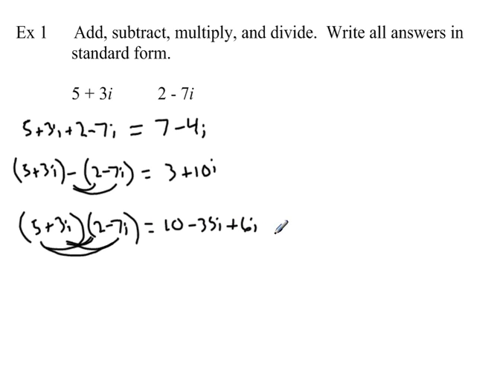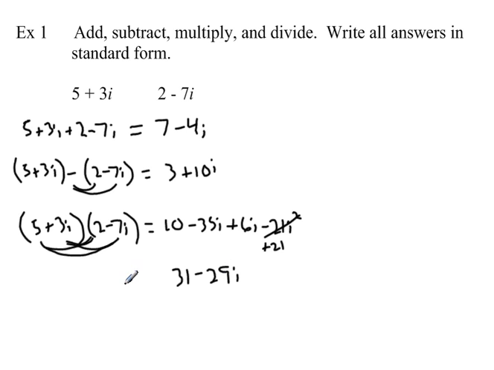And 3i times minus 7i is minus 21i squared. Keep in mind, i squared is -1, so this is like plus 21. Now we can combine some like terms. If we do that, we get 31 minus 29i. And just so you know, the directions said write answers in standard form. This is standard form: real number part plus or minus imaginary part.